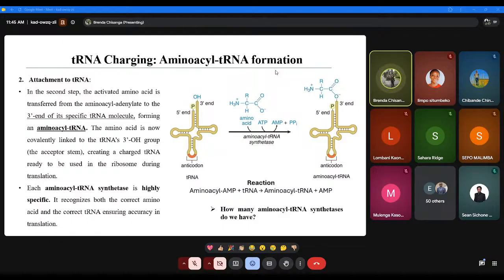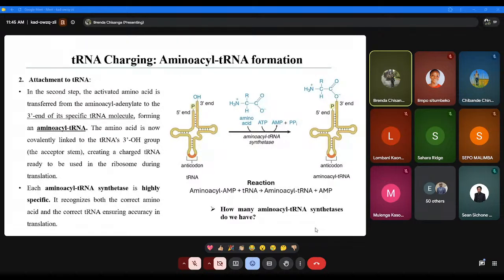So for example, in the ribosome, there is an AUG. This AUG should be translated to the amino acid methionine, meaning that the tRNA that should come into the ribosome should be the one that is carrying what? Methionine attached to it, isn't it? So the question requires you to think like that.